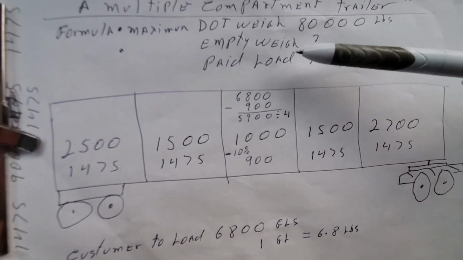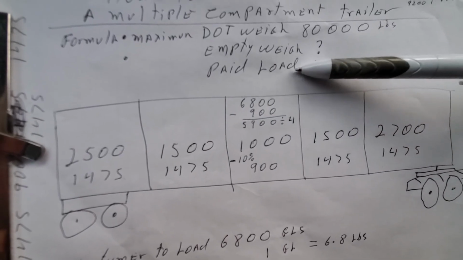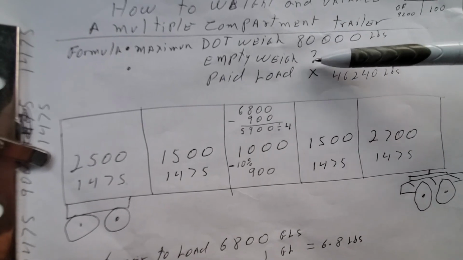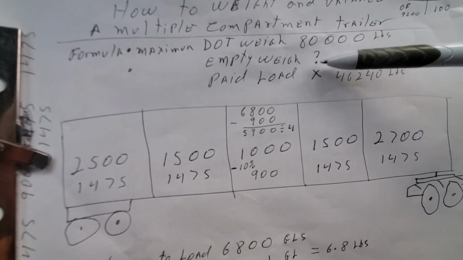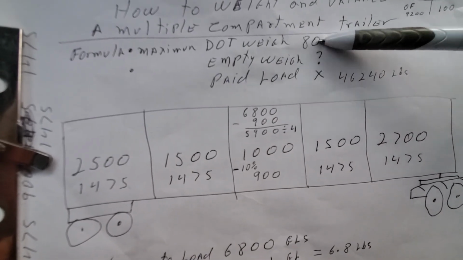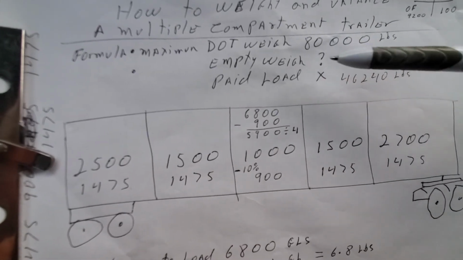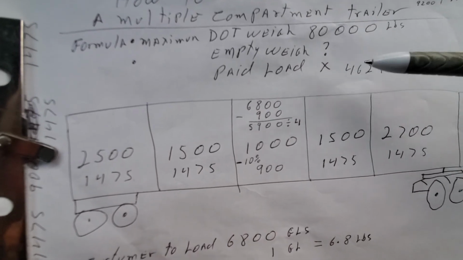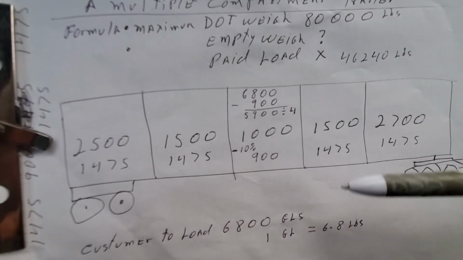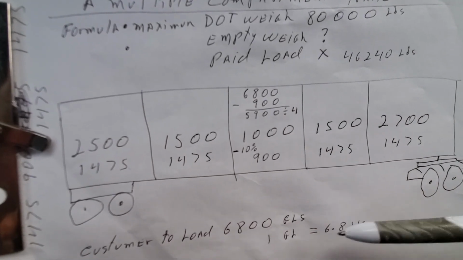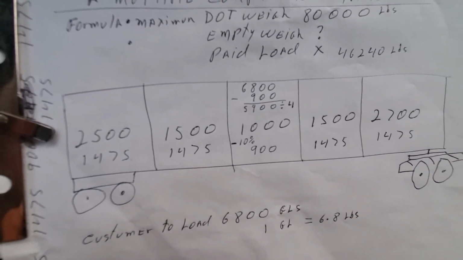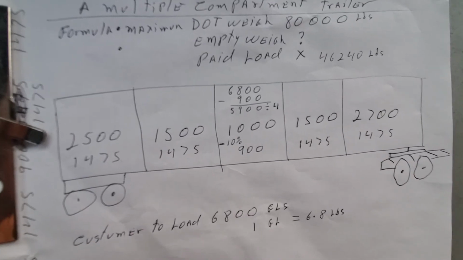So if you want to maximize your payload, take whatever the result is from the subtraction of the 80,000 pounds and your empty weight, and multiply by 6.8, and that will give you the result.